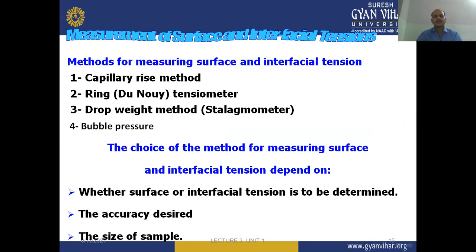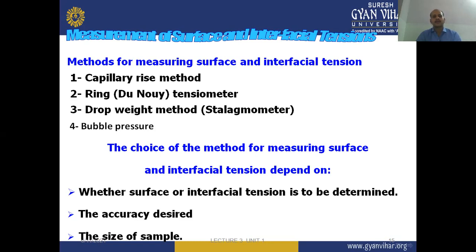First method is known as capillary rise method, which is a very important method. Second method is ring method or ring Du Noüy tensiometer method. Third method, which is widely used in laboratory practice, is known as stalagmometer method or drop weight method.